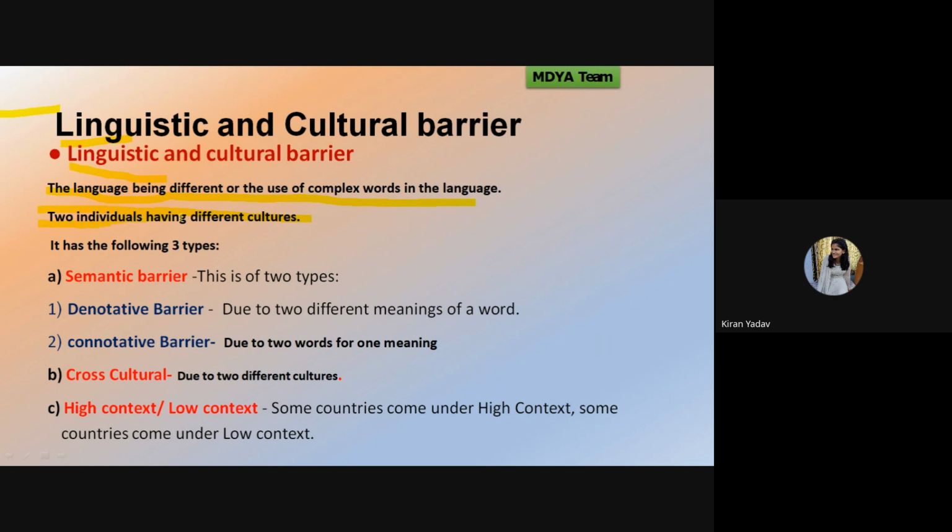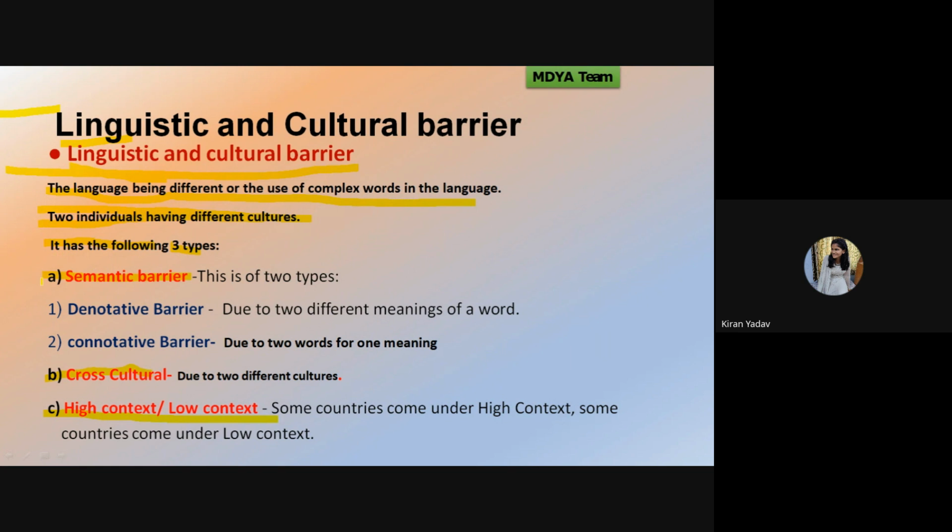And if people have different cultures, these come under linguistic and cultural barrier. Now it can be of three types. First is semantic barrier, second is cross cultural, and third is high context and low context.